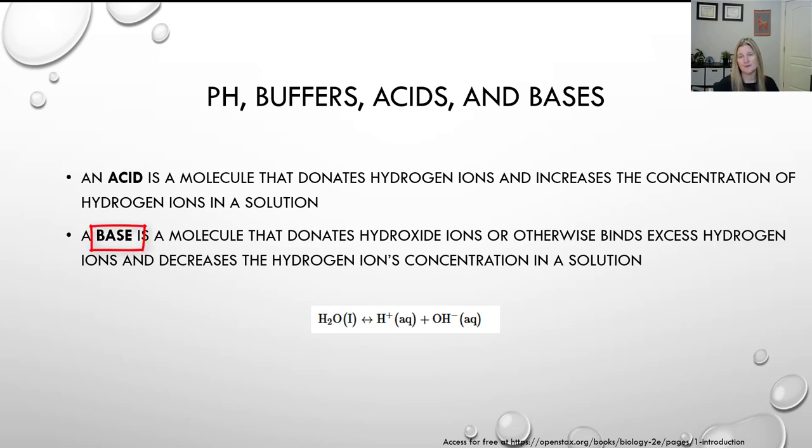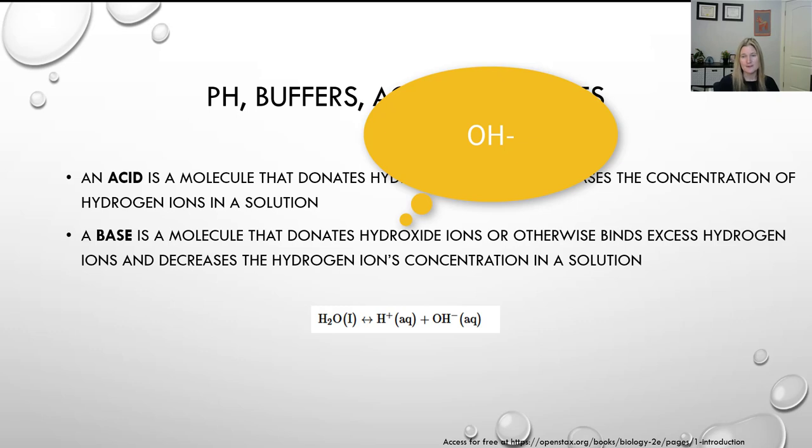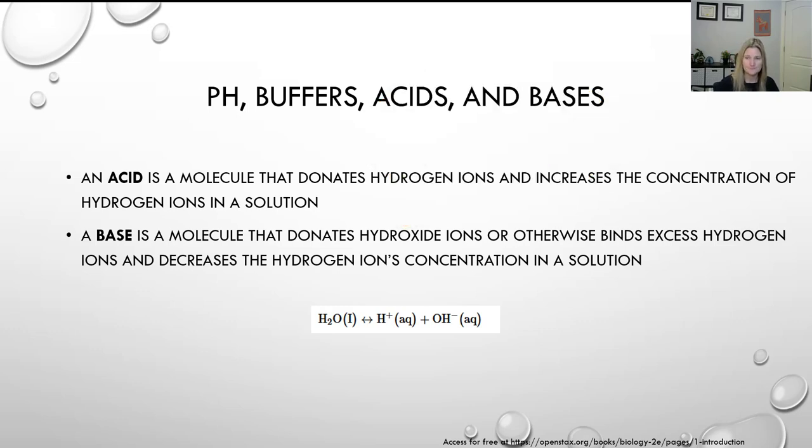A base is a molecule that donates hydroxide ions, or otherwise binds to excess hydrogen ions, thus decreasing the hydrogen ion concentration in the solution.